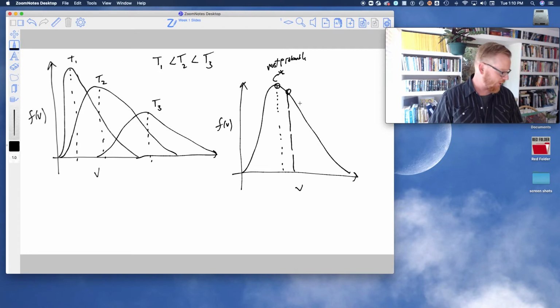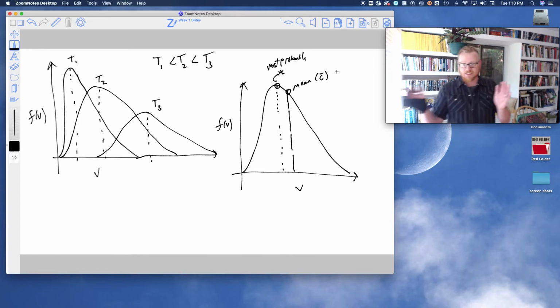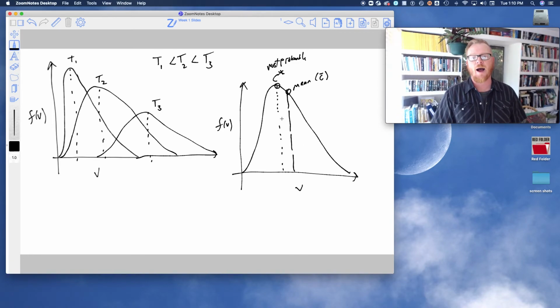Then out here is the mean, the arithmetic mean, given by C bar. Because this is an uneven distribution, the area on the left side of the mean would be the same as the area on the right side of the mean. But it's going to be a different velocity than the most probable velocity because it's not a symmetrical distribution.